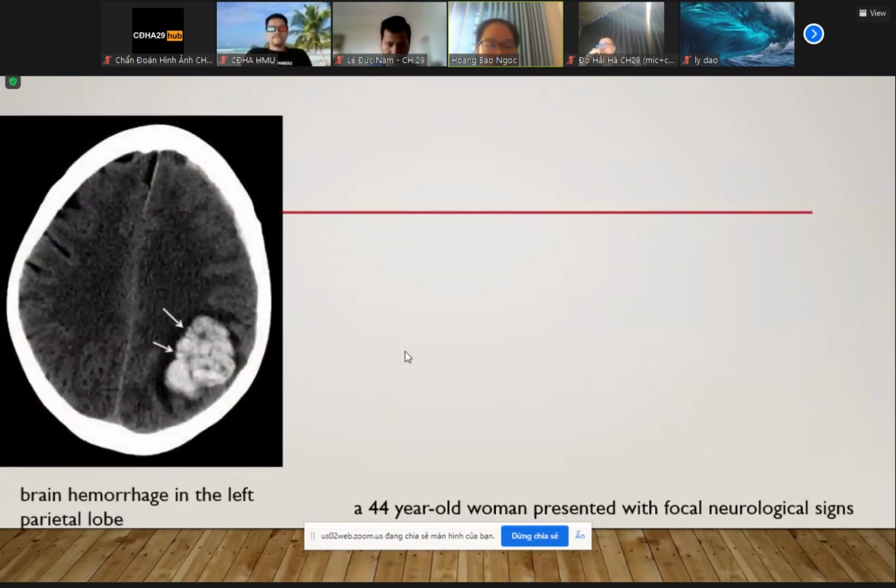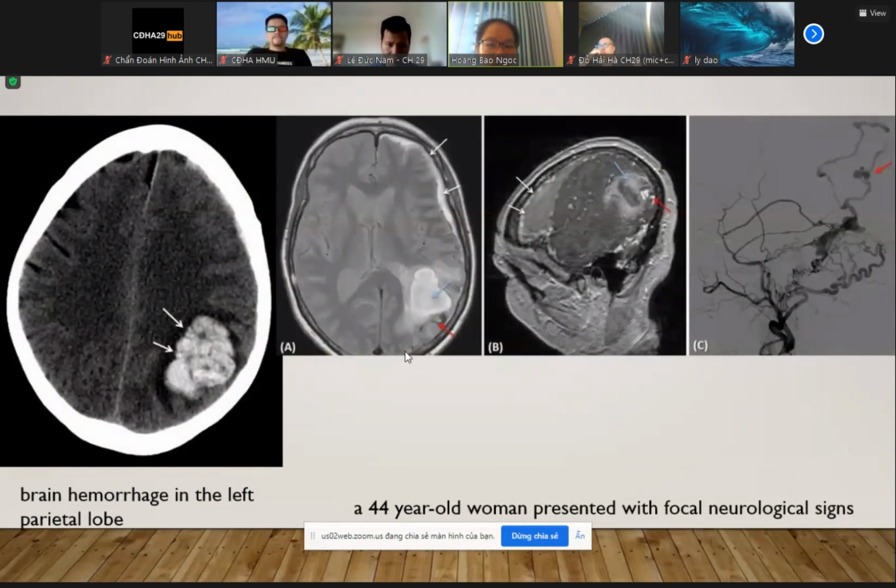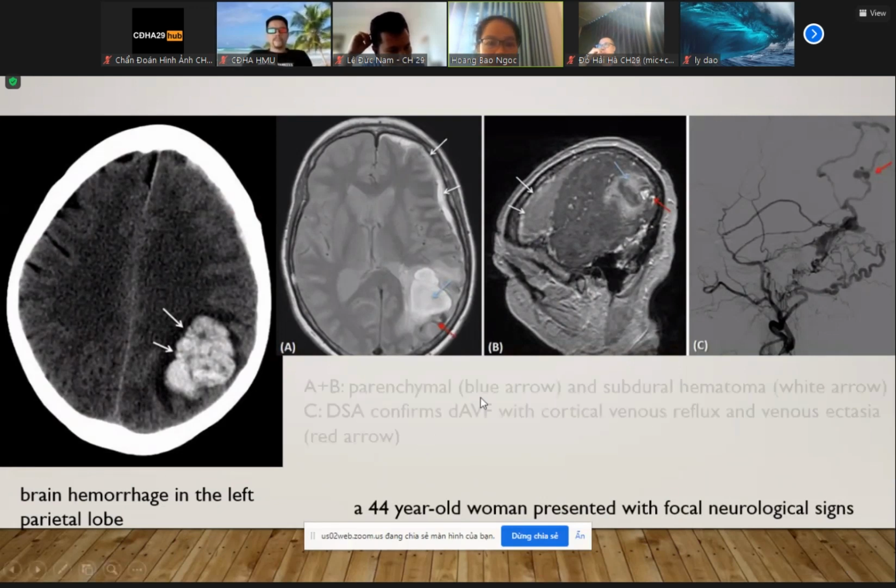This is an example case of a 44-year-old male presenting with focal neurological signs, and this is the initial CT scan. We can see a brain hemorrhage in the left parietal lobe, and the patient was next taken to MRI and DSA to confirm a dural fistula.